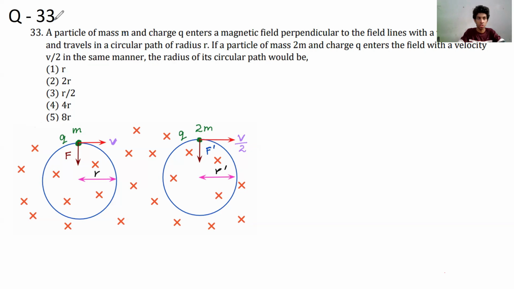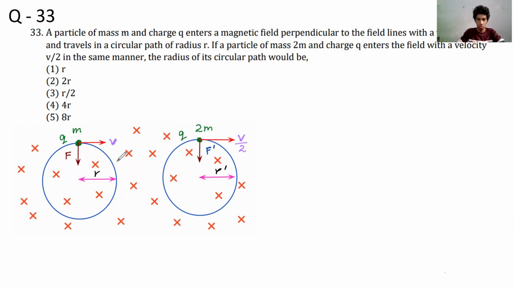Question number 33. A particle of mass m and charge q enters a magnetic field perpendicular to the field line with a velocity v and travels in a circular path of radius r. If a particle of mass 2m and charge q enters the field with a velocity v over 2 in the same manner, the radius of its circular path would be.